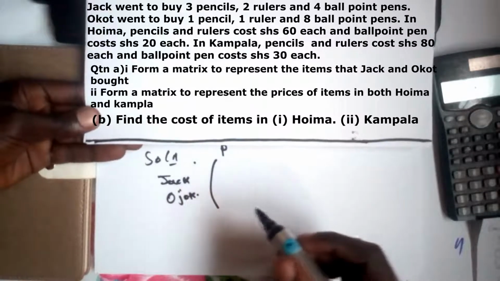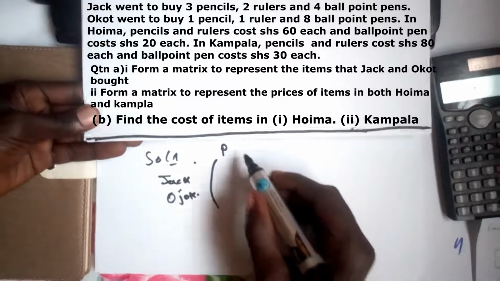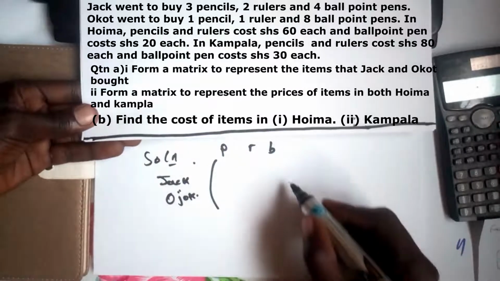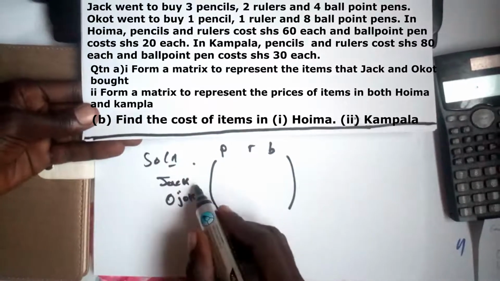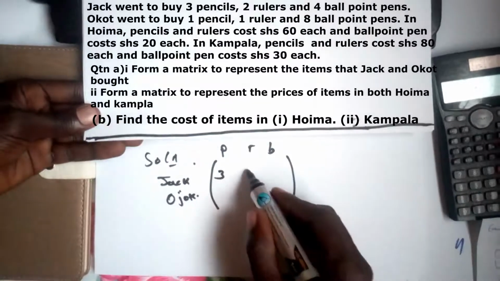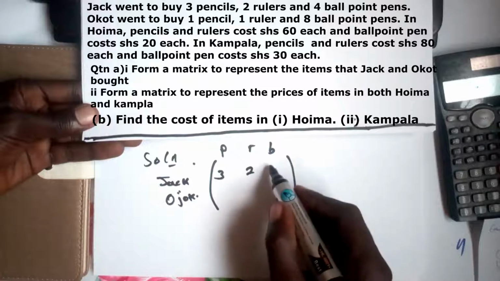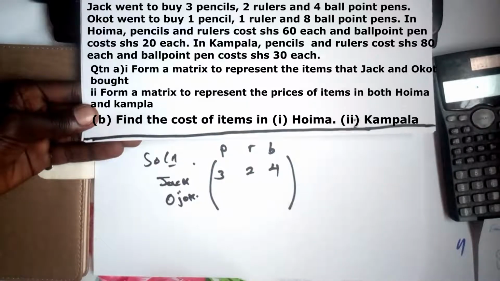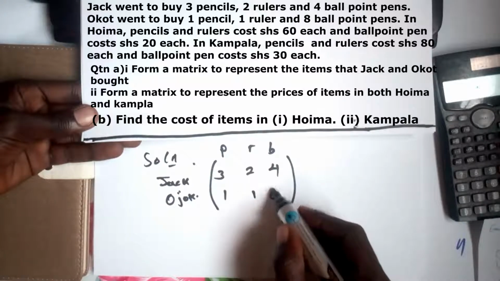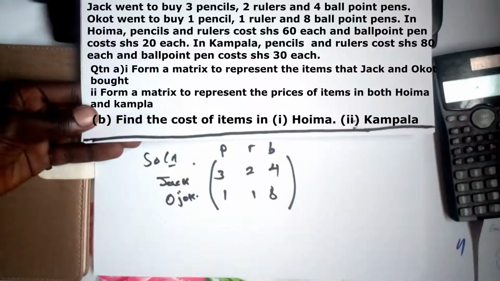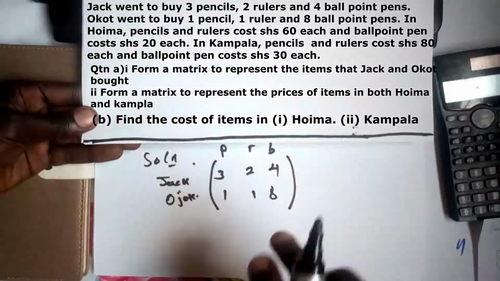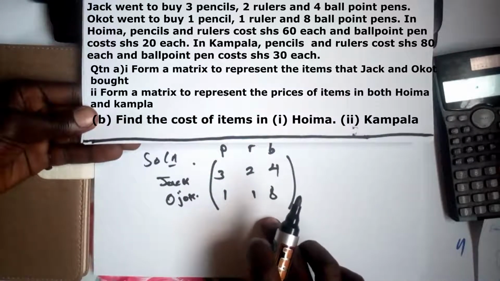I'm representing the pencils with P, the rulers with R, and the ballpoint pens with B. Jack bought 3 pencils, 2 rulers and 4 ballpoint pens. Ojok bought 1 pencil, 1 ruler, and 8 ballpoint pens. It is just the statements that are in the question. You just analyze the question and put it down in the matrices.